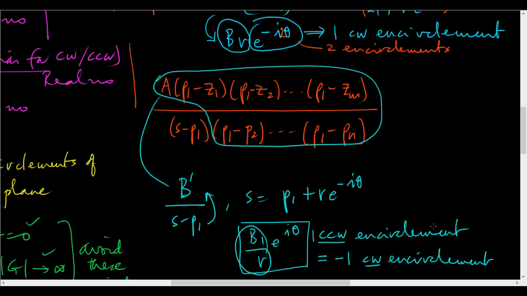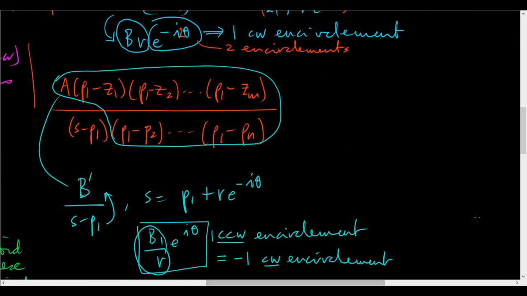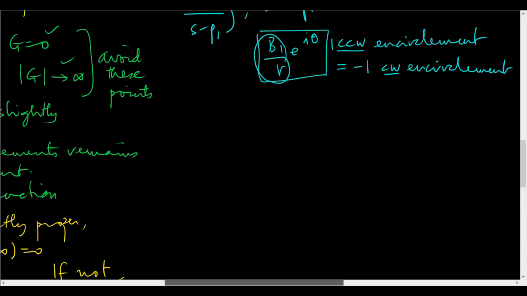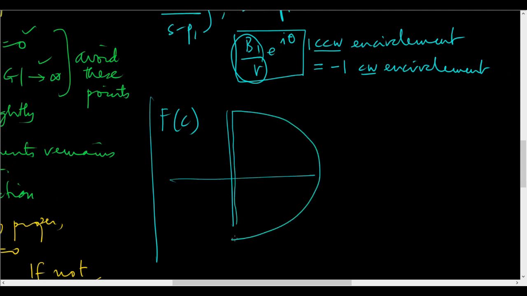That is what leads to, we wrote this somewhere, but we will write it again. So f of C for this contour is equal to the number of right half plane zeros of G minus the number of right half plane poles of G.